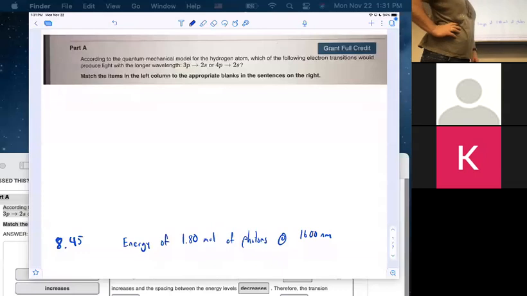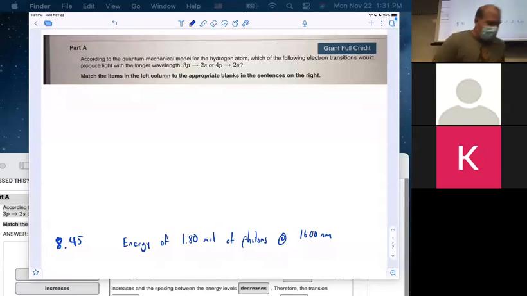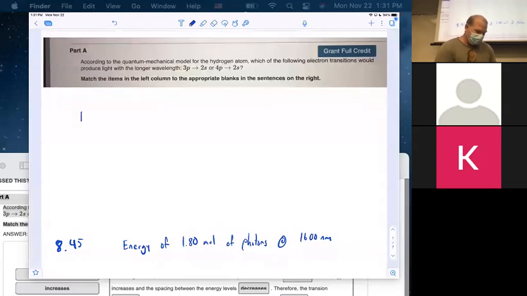So if you remember the formula, the energy of a specific quantum level is the Rydberg constant, well, the negative Rydberg constant, times 1 over n squared. And then the delta is final minus initial.